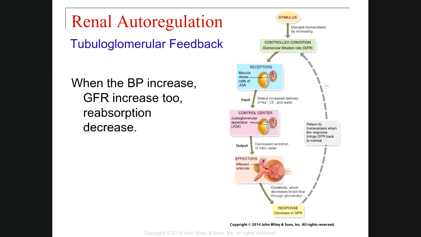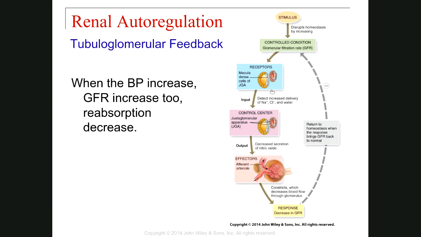And the other mechanism is called tubuloglomerular feedback. The tubuloglomerular feedback is the mechanism which happens in the macula densa. I hope you remember what the macula densa is.